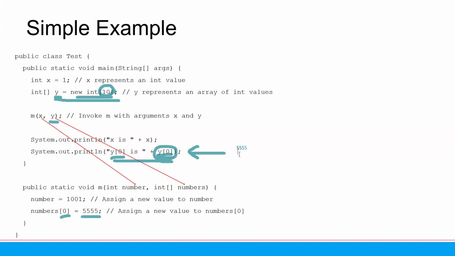Okay. Actually, there can be another answer, because y0 is 0 at the first time. Y0 is equal to 0 at the first time. And after we enter this method, it changes to 5555. Okay. Thank you, Kim Nam-gyu.